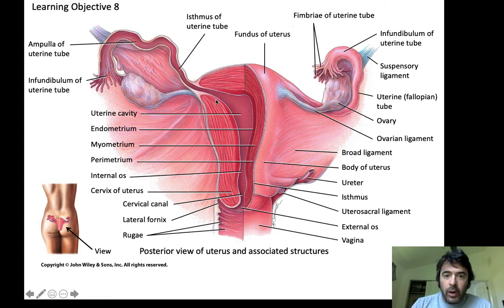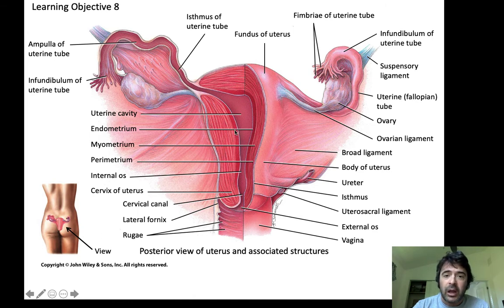Now, when we look at it, the uterine wall is broken into three layers. So the uterine wall is broken into the endometrial layer. The endometrial layer is the layer of the uterus that periodically builds up and sloughs off during menstruation, and it's actually where implantation takes place.